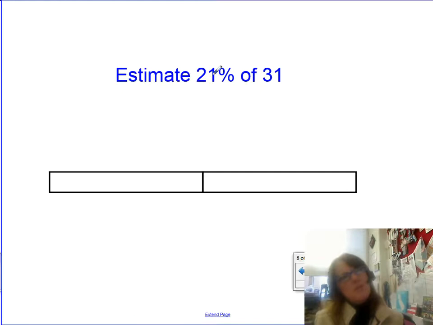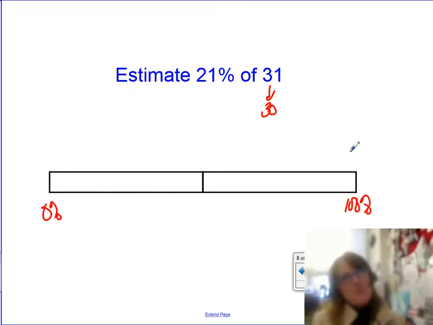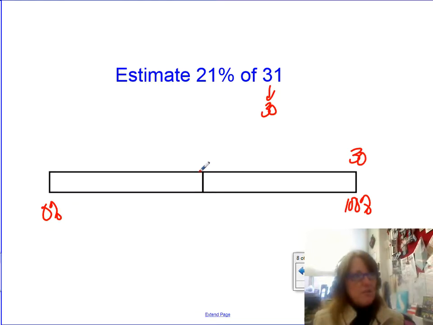For example, this one: 21% of 31. We'll say, well, 31 is close to 30. So here's 100%, here's 0%. This is 30. I know this is my 50% here, which is going to be half of 30. That's 15. When I go here at the 25%, I suppose that's kind of close, because I could say this is 7.5, or 7 5/10.